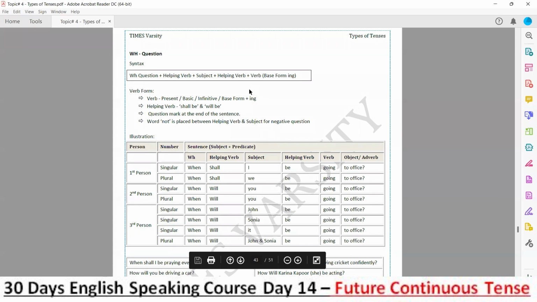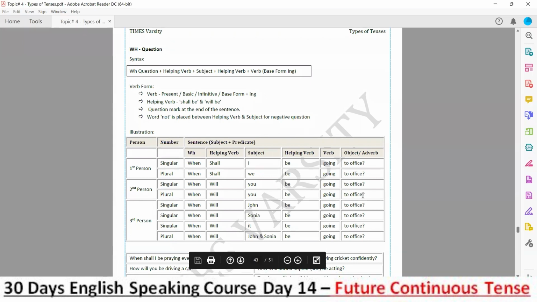Now let's start the WH question in future continuous tense, where we have WH question, then helping verb, subject, another helping verb, and then verb. Verb form remains ing form, same helping verbs are used. All right.